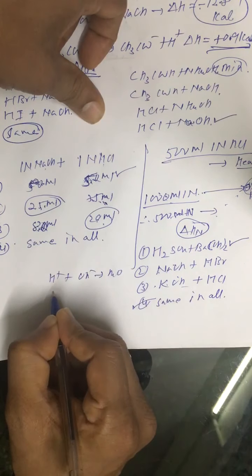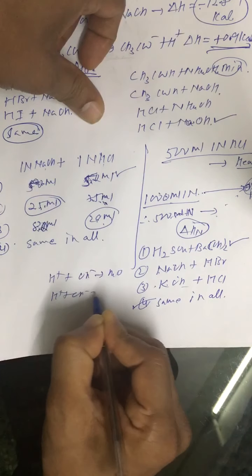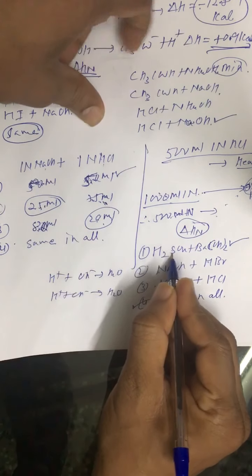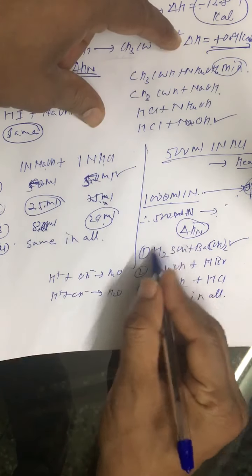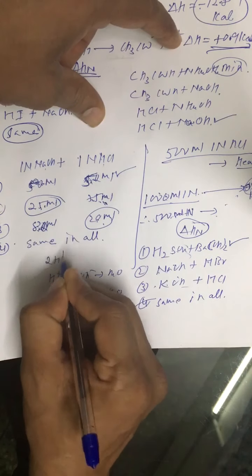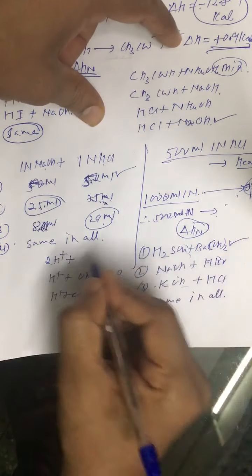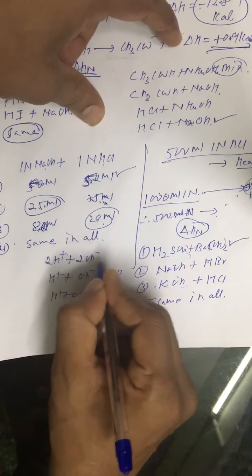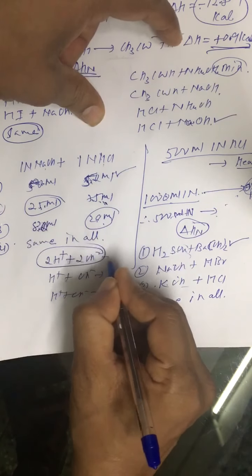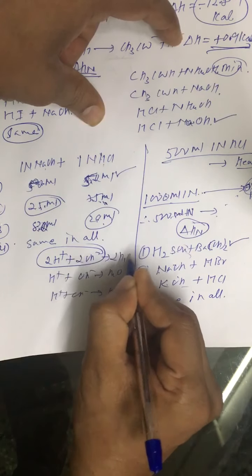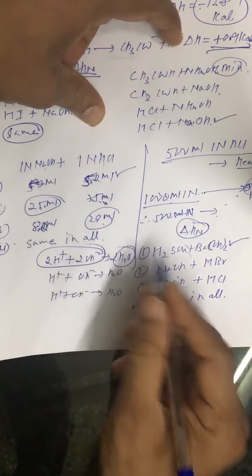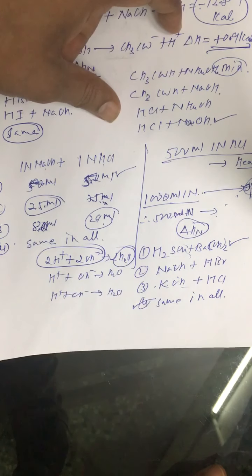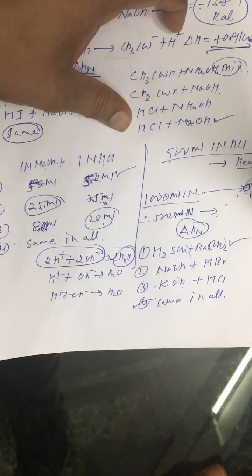Here also H positive plus OH negative gives water. But H2SO4 is a dibasic acid, producing 2H positive, and barium hydroxide is producing 2OH negative. So how many moles of water are formed? 2 moles of water are formed. So the amount of heat released is 57.1 into 2.